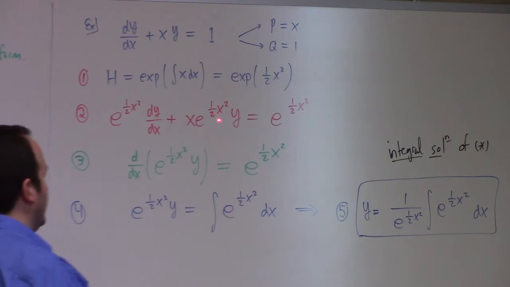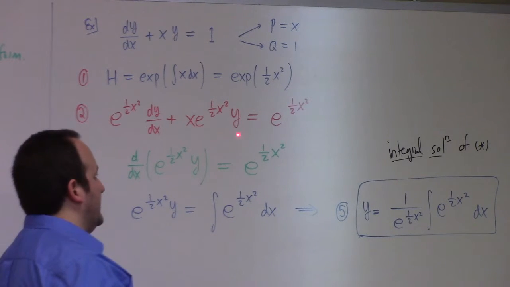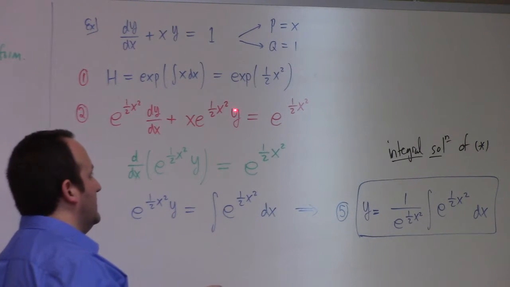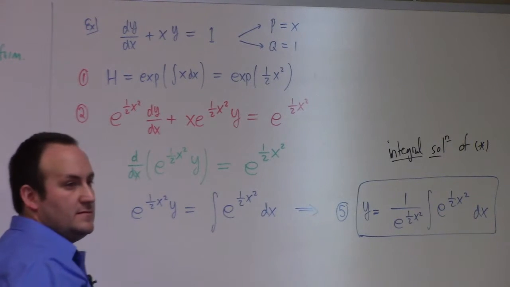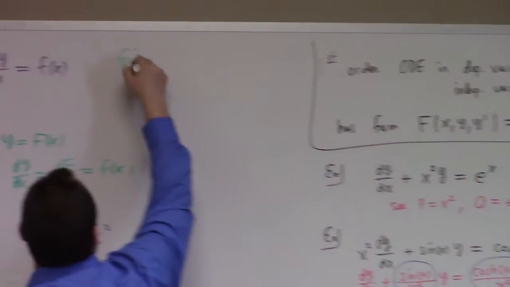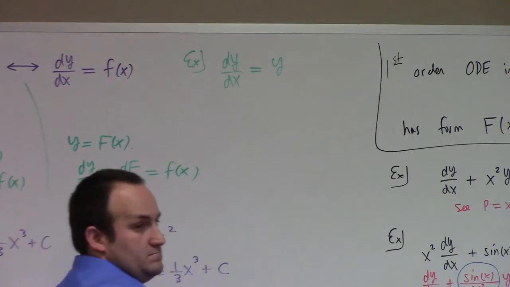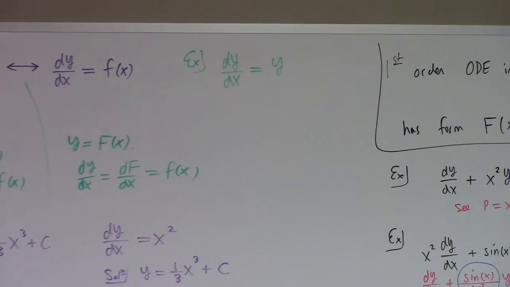The thing is, I don't know y yet, so I can't integrate this by itself because y is an unknown thing. Integration directly doesn't usually work. Here's another example of that. If I try to solve, for example, dy dx equals y, this would be like exponential growth with constant 1, y equals e to the x.